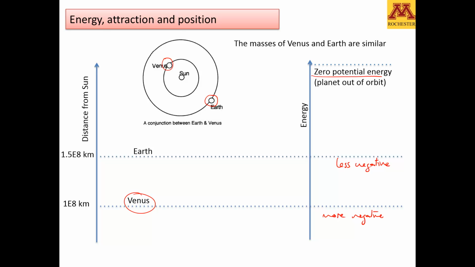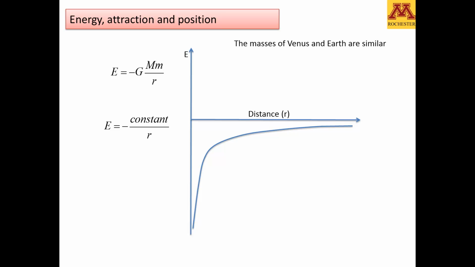Notice that zero potential energy would imply kicking Earth out of the orbit from the Sun. So as you move Earth away and away from the Sun, the energy will get closer to zero from the negative side.